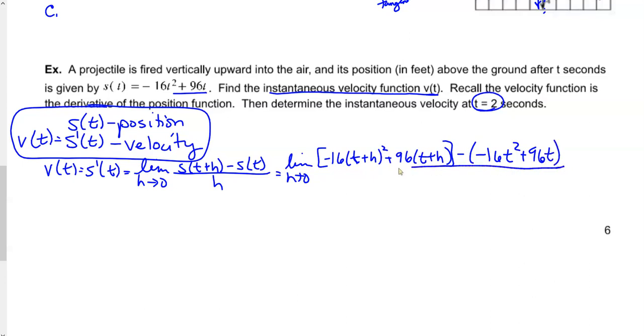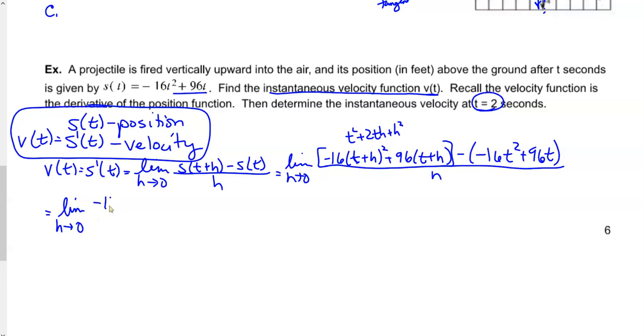Now again, here's where the algebra comes into play. You must be able to simplify expressions like this to be successful with these derivatives. Now, remember, this is a pattern. You want to make sure you know that pattern. You square the first, multiply these two and double, so I get a 2th, and square the last gives me an h squared. You have to do that first before you can distribute your negative 16.